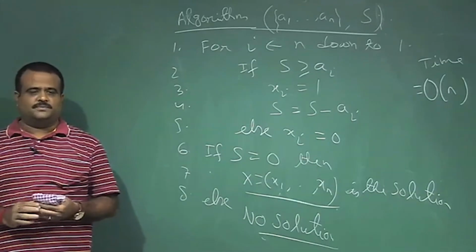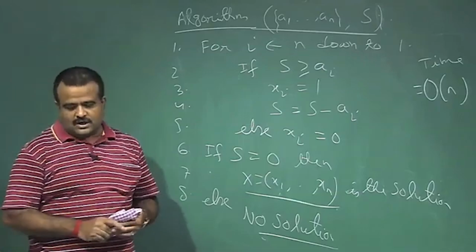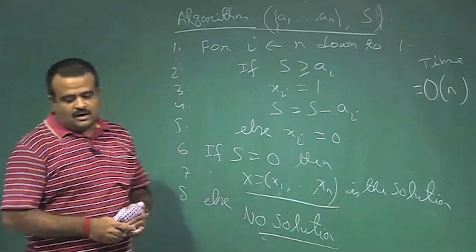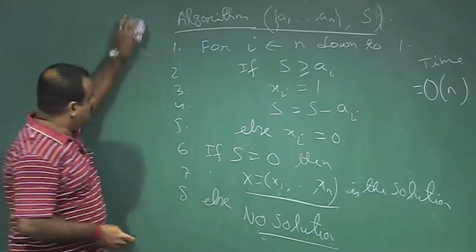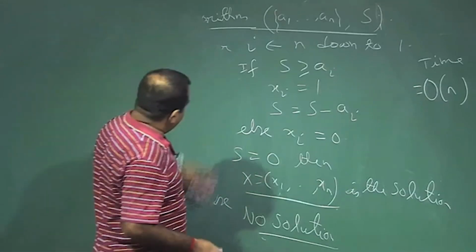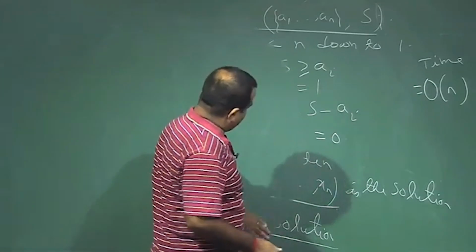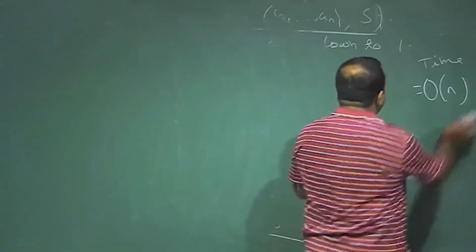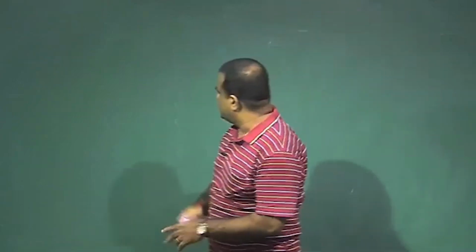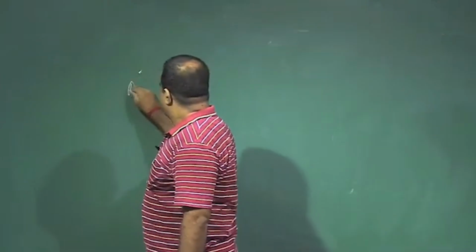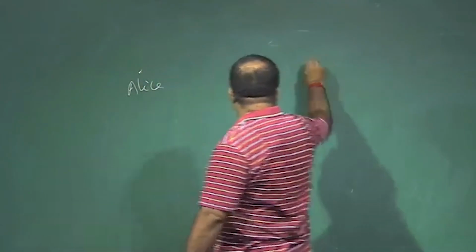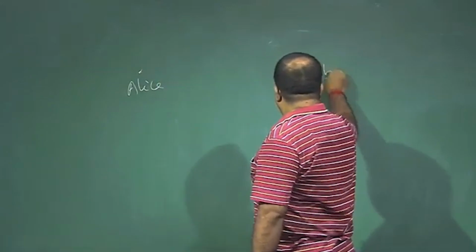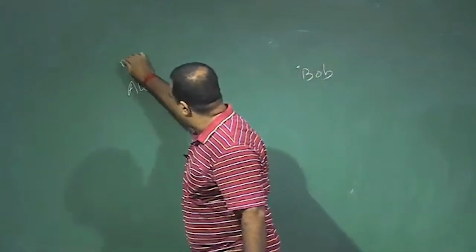called the knapsack crypto system, which was developed by Merkle and Hellman. So let us talk about that crypto system. This is a public key crypto system. So in public key, Alice and Bob, suppose Alice wants to send a message to Bob.